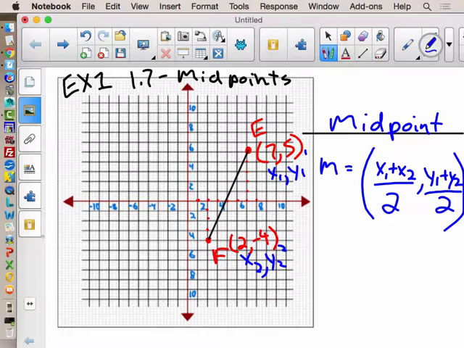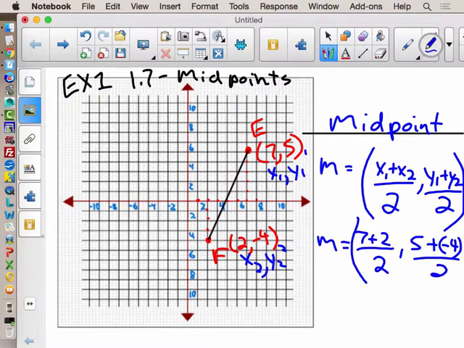Okay? So now to find the midpoint, I'm just going to take the first x, which is 7, plus the second x, which is 2, and divide that by 2. And we're really finding the arithmetic average when you think about it. And then the next thing I'm going to do is I'm going to say 5 plus negative 4 all over 2.